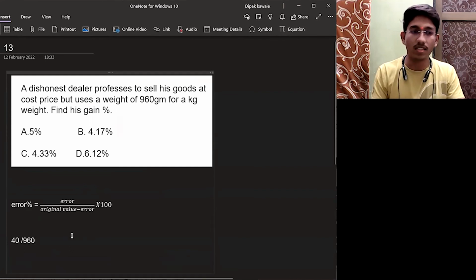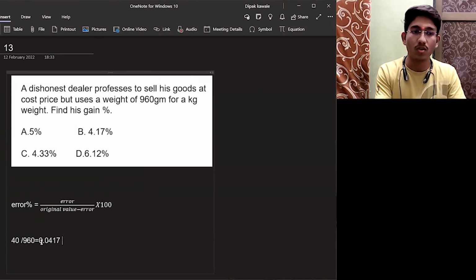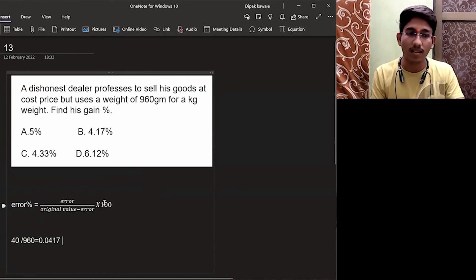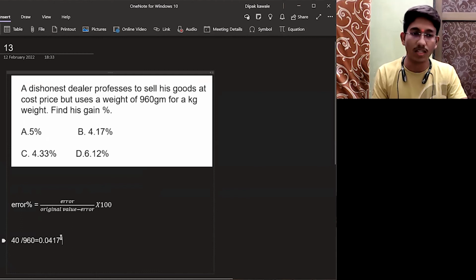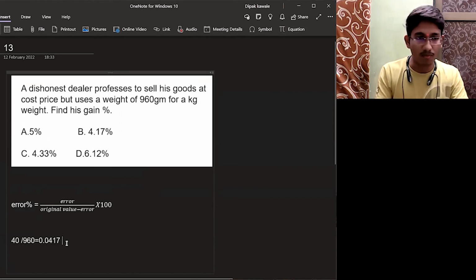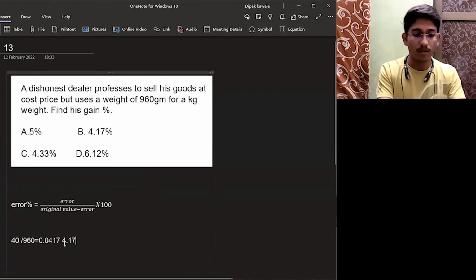So 4 by 96 is nothing but how much? 0.0417. But it is saying that multiply by 100. Okay, then only we will get error percent, which is nothing but our profit percent. So we will multiply it by 100%, which will become my 4.17%.